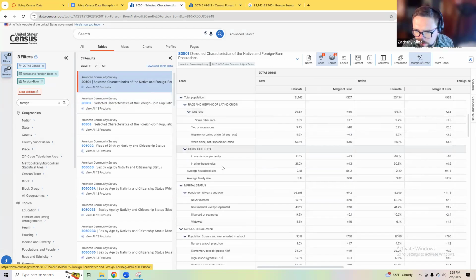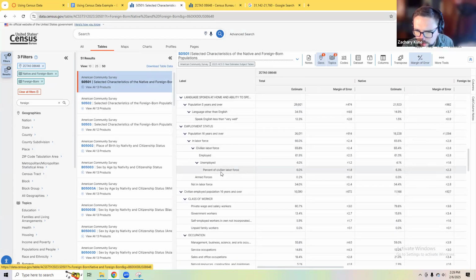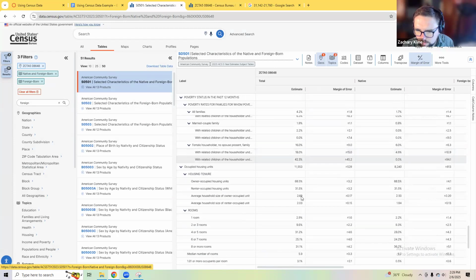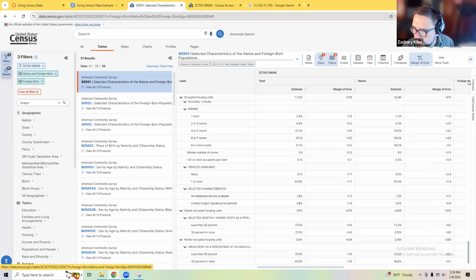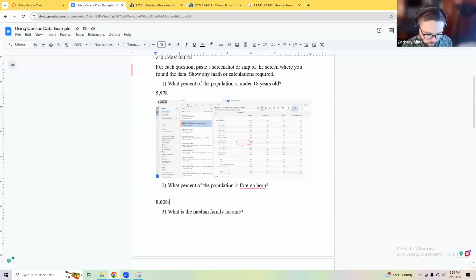Is the foreign born number here on this one? Make sure it matches. Divide here by total population, 31,142. And we want a percent, so we're going to multiply this by 100.